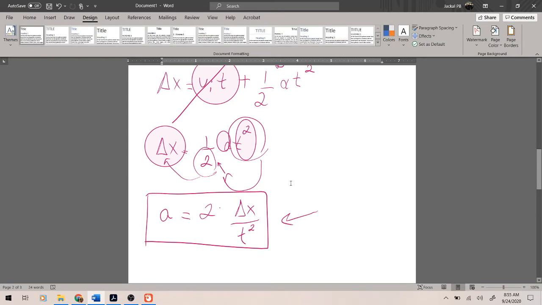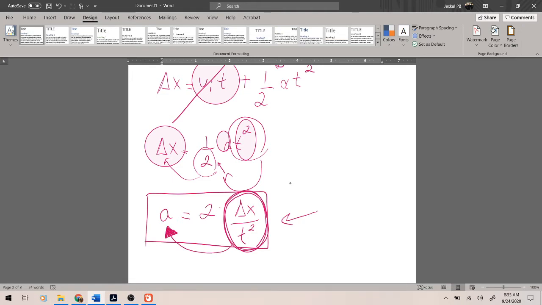Acceleration is 2 times delta x over t squared. So why do I say this is nice? Because now I have delta x over t squared, and this is going to be related to acceleration.